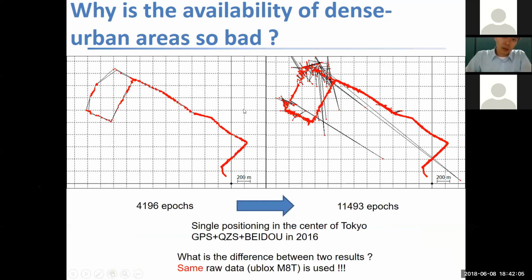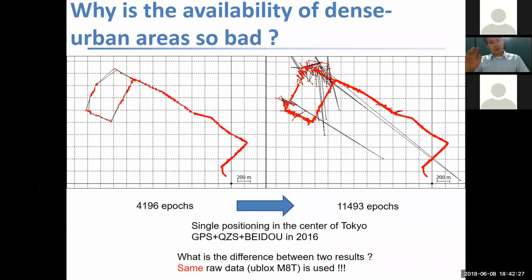Why is the availability so different, even with the same data, GPS, QZSS, Beidou, that we obtained in 2016? Here is actually Tokyo station, a very dense urban area, business area. So what is the difference between the two results?